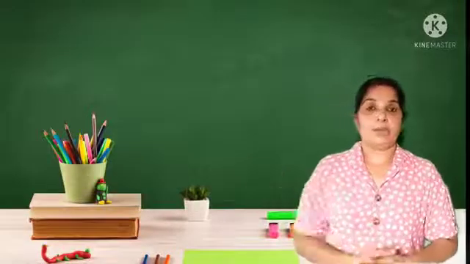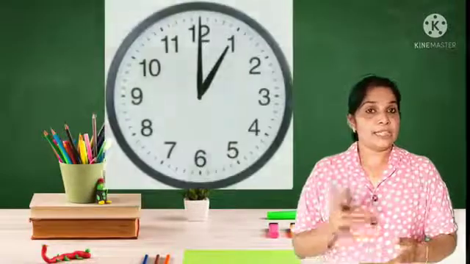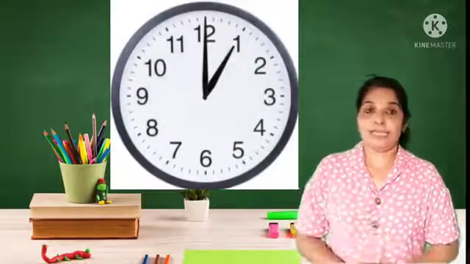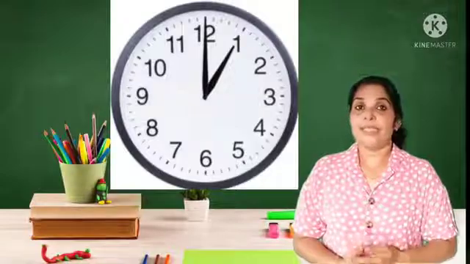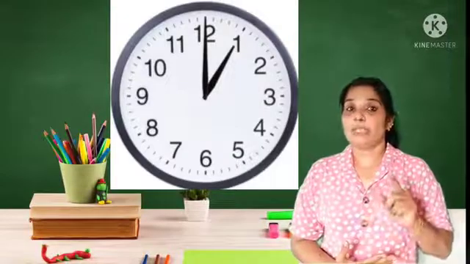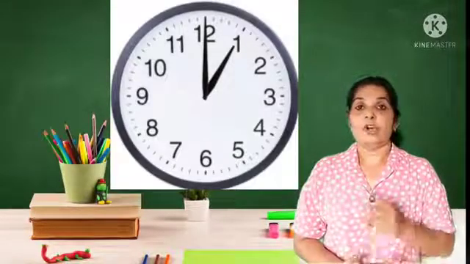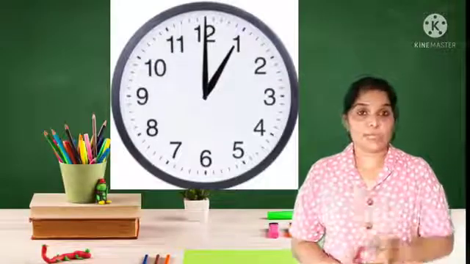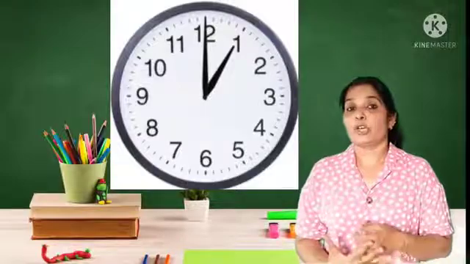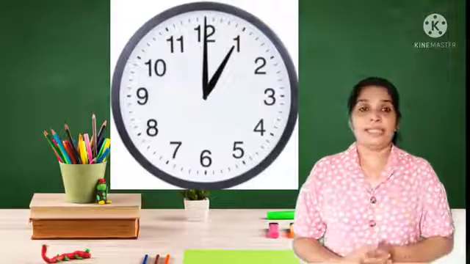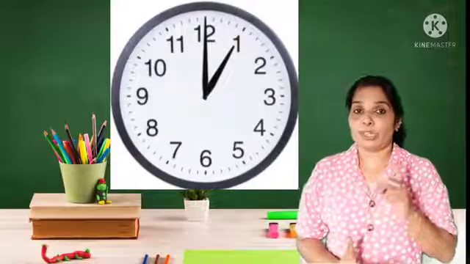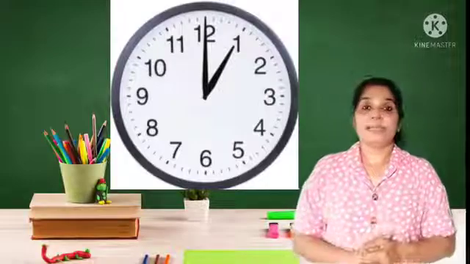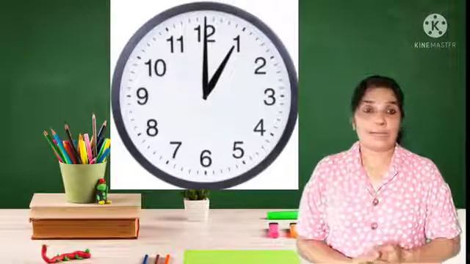Now see this clock. You can see the short hand and the long hand, right? The long hand, the minute hand, is pointing at 12, and the short hand is pointing at 1.